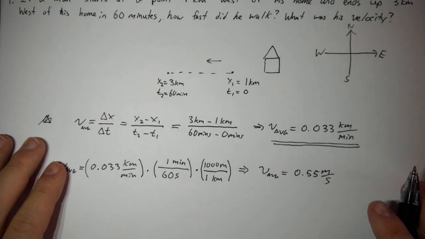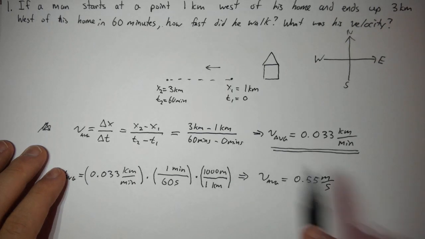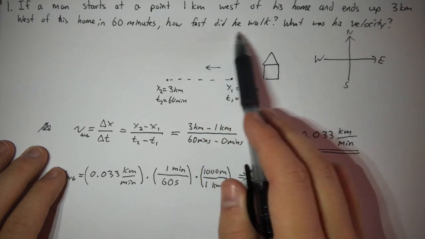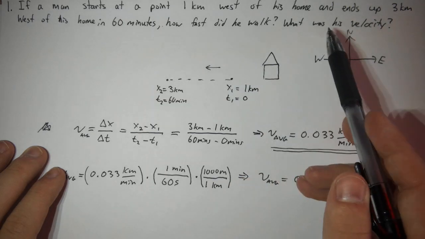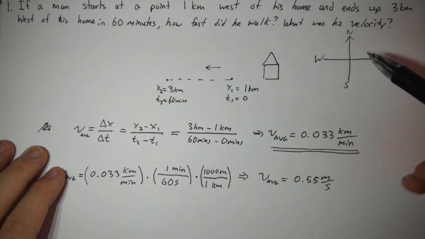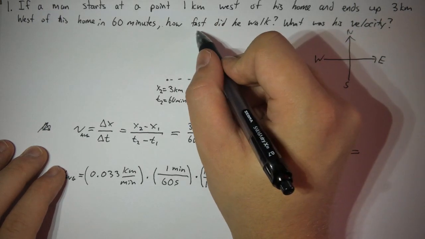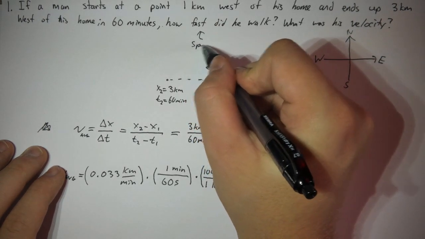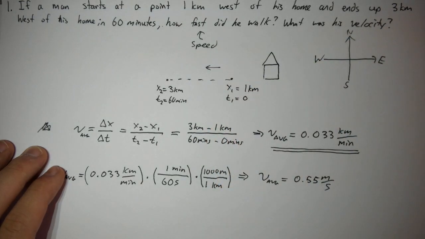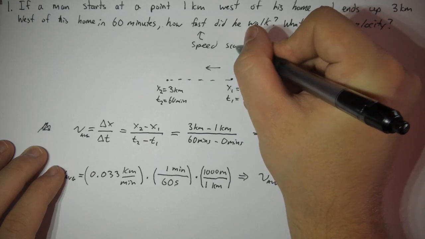Now, the question asks, first, how fast did he walk? And second, what was his velocity? And this is kind of tricky, because how fast he walked, this is speed. Speed is a scalar.